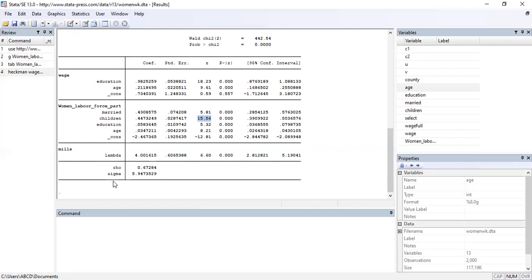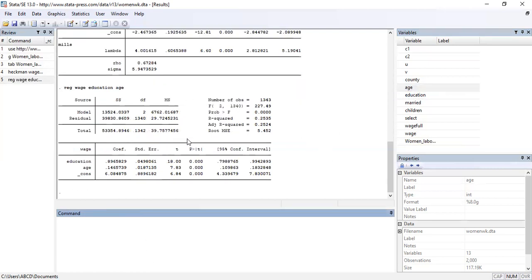Now, why are we using Heckman's selection model? The important cause is that if we take a simple regression model or wage model, suppose the wage and education and age, then we find that only the results from the uncensored observations will be shown.